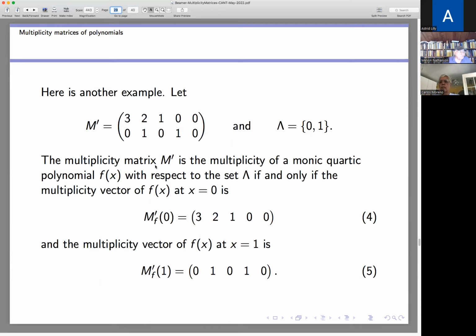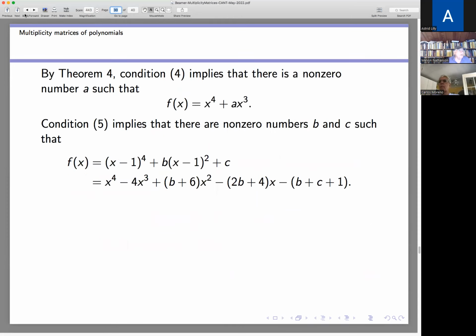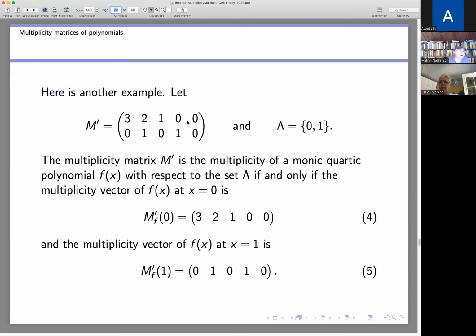So this is the multiplicity vector at 0. This is the multiplicity vector at 1. And the multiplicity vector at 0, this one, means it has a root of multiplicity 3 at 0.